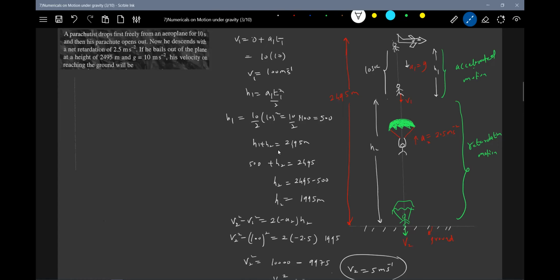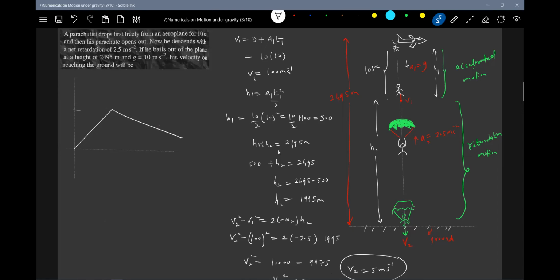What about the various graphs? First, the motion will be accelerated motion, the velocity will increase. Afterwards the velocity starts decreasing, and it does not become zero, you see this.